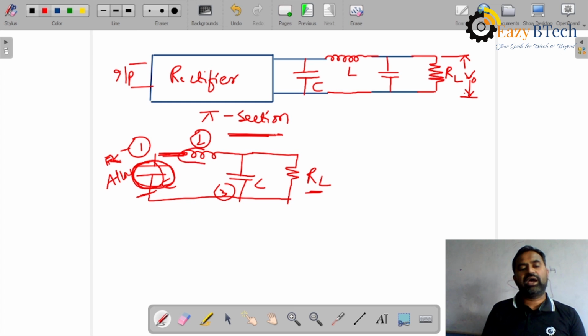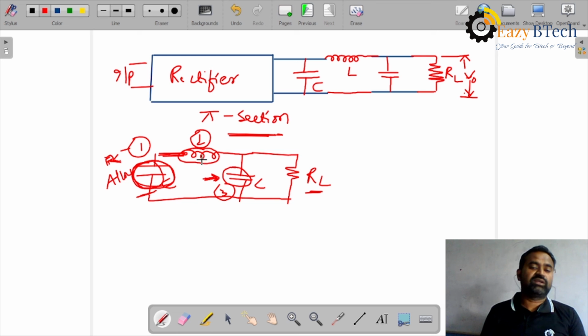The inductor acts as a short circuit for a DC supply, and if any low portion of AC is passed, the third stage capacitor completely blocks the DC signal, and whatever AC portion is there can be occupied in this capacitor.